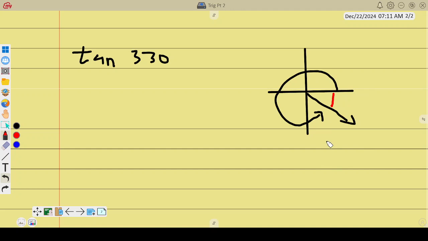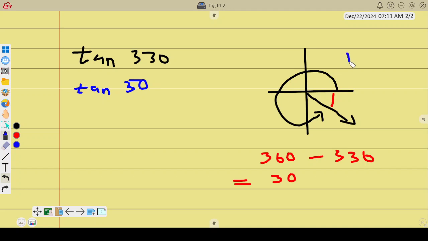Like I have said, you should check out the rule. To find this helping angle, we say 360 minus the original angle. So 360 minus 330, we get 30. So this means that tan 330 can actually be written as tan 30. But let's check the sign.